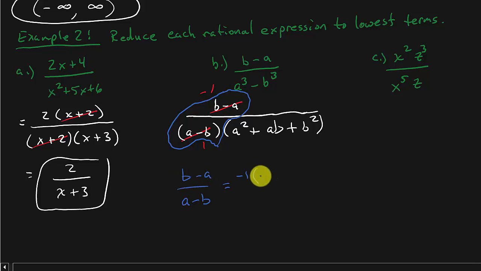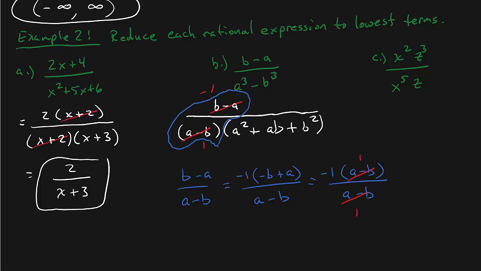And if we factor a negative 1 out, all that does is change the sign of each of those terms. And that's over a minus b. And then I'm just going to reorder these. And then you can see that this and this cancel. I'm left with 1 and 1, right?